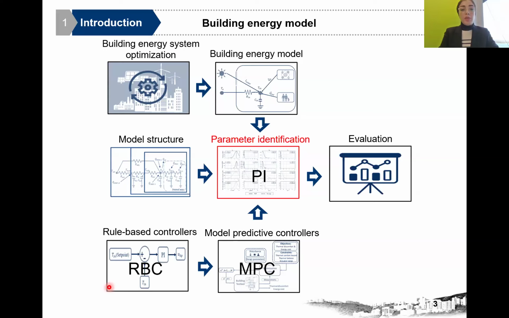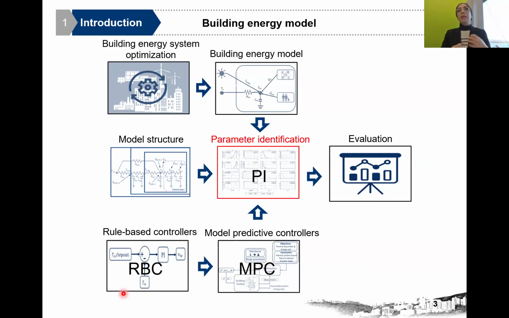The conventional rule-based controllers have been used for controlling building energy systems and reducing the energy cost. But with the growing complexity of the building energy systems, these kinds of controllers are not so efficient anymore. And because of that, a promising approach that has been used is model predictive controllers.